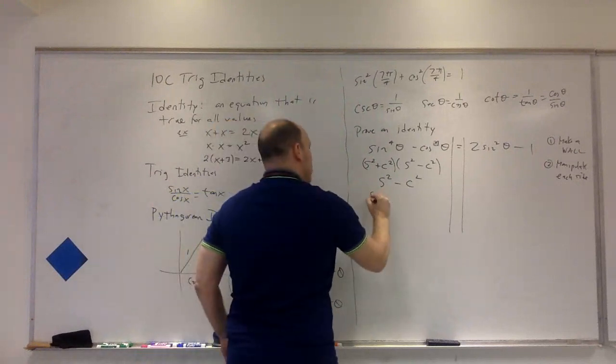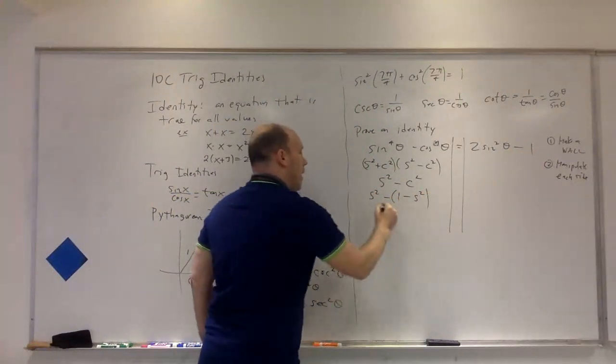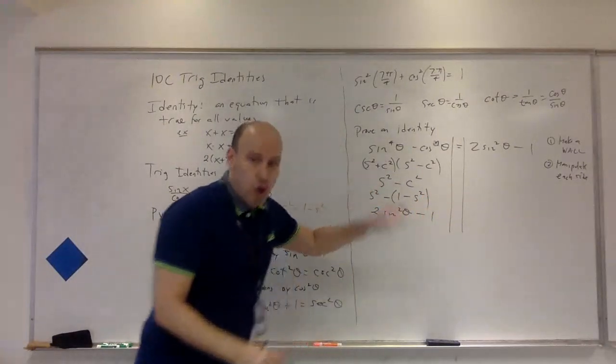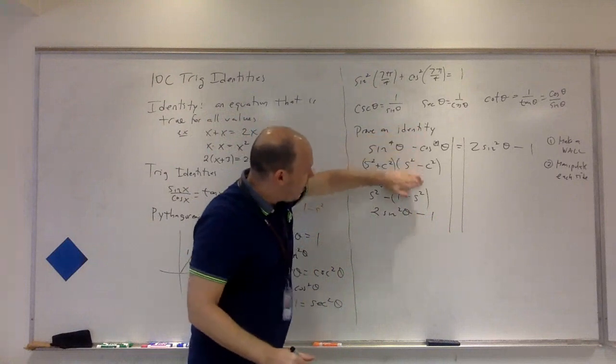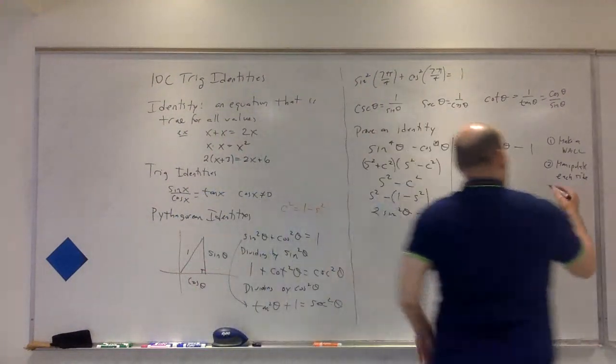So over here, I'm going to write sine squared minus 1 minus sine squared, and I get 2 sine squared theta minus 1. You're done. You've manipulated the left side to look like the right side. You're finished.